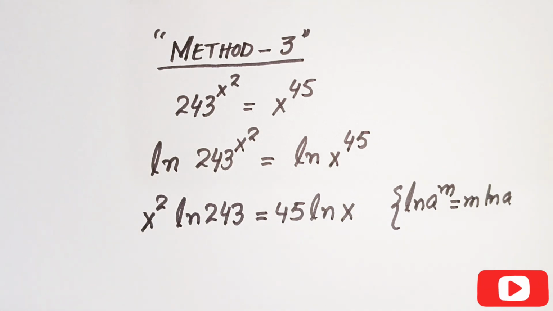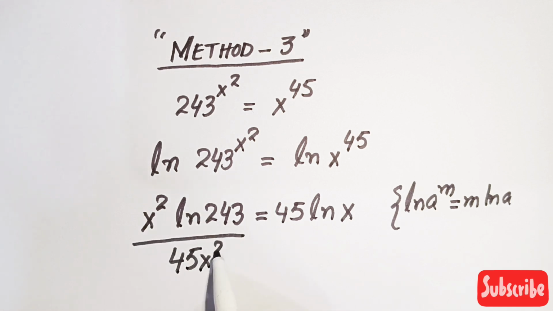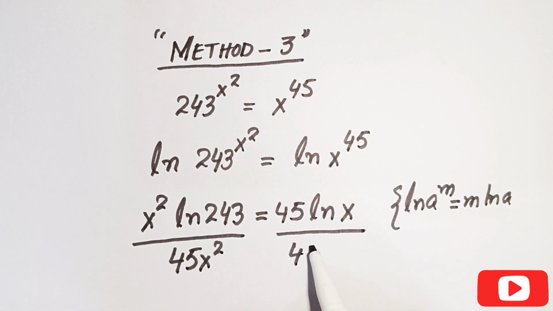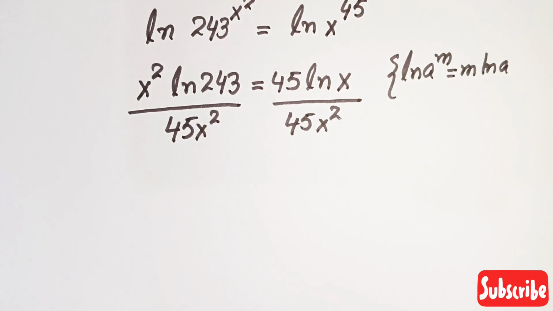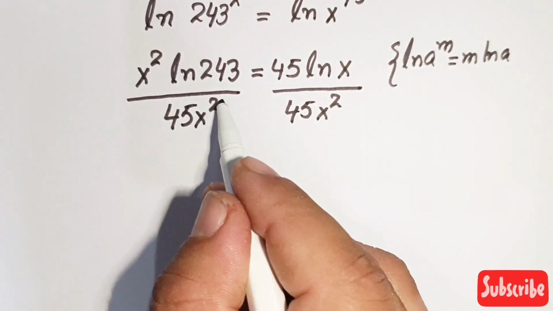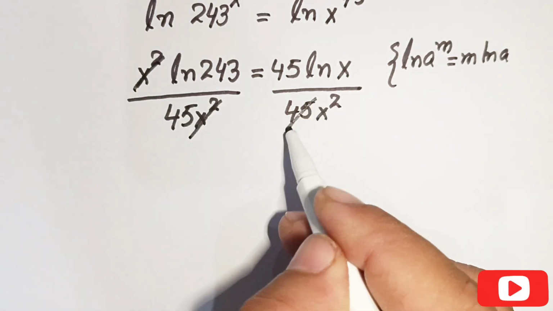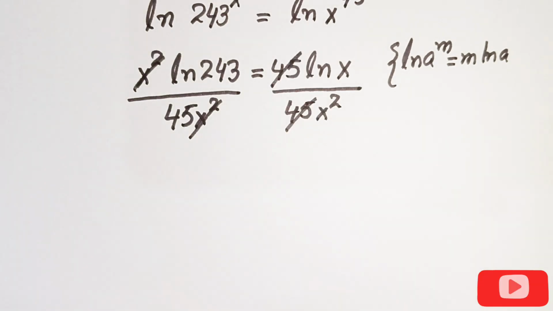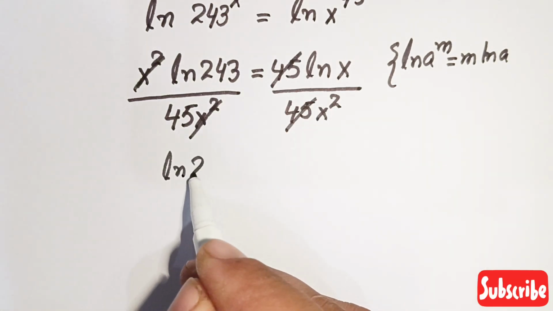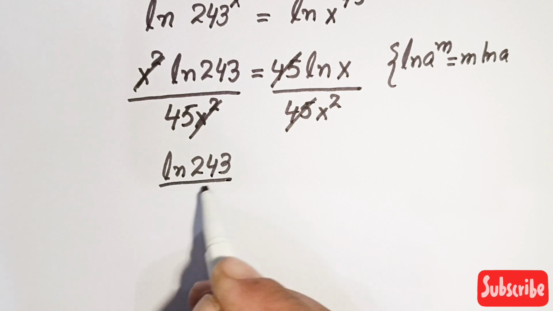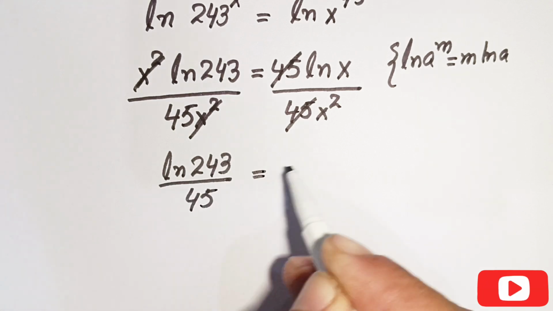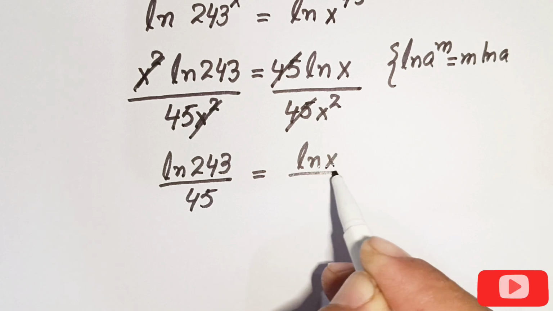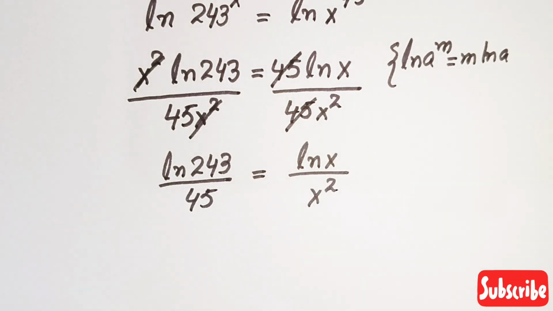Now if we divide both hand sides by 45 times x squared, this x squared is cancelled out with x squared and 45 with 45, so we get natural log of 243 divided by 45 is equal to natural log of x divided by x squared.